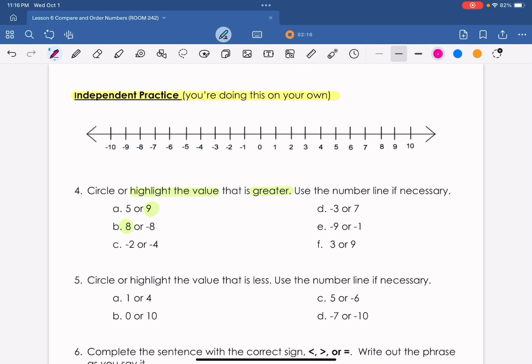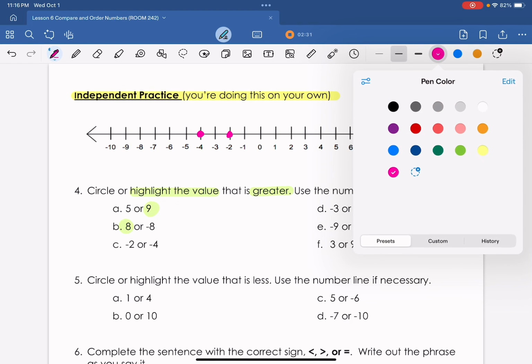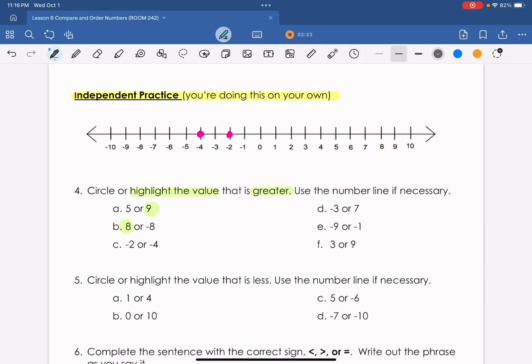So I'm going to move 2 units to the left, and I'm going to move 4 units to the left. So I need to look at which one of those is further to the right. So this one is right here from 0, and this one is right here. So it looks like -2 is closer to 0 than -4. So -2 is going to be greater than -4.